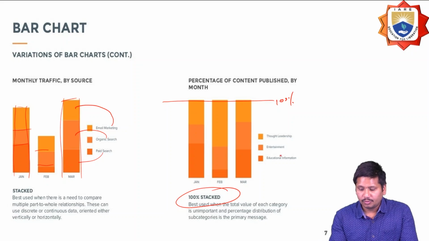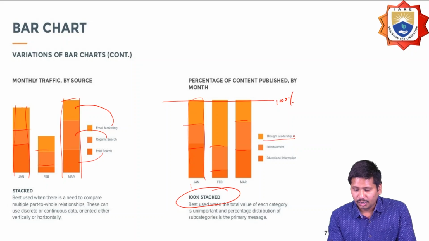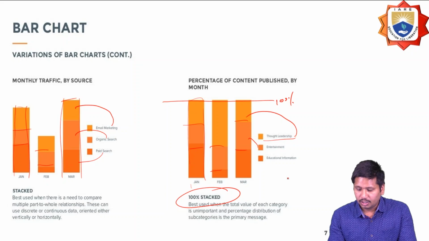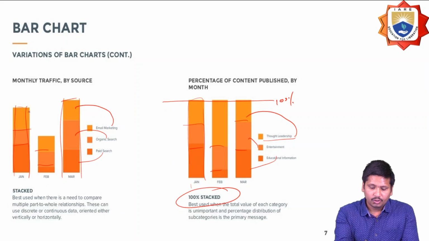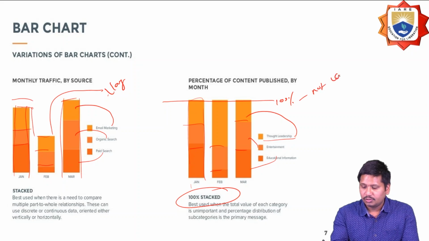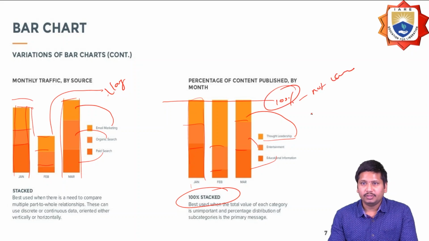Here also the bar is divided into different segments, like thought leadership, then entertainment, and then educational information. But the difference between the stacked one and the 100% stacked one is that in the stacked one the size of the bar may vary, and here it should not vary. All the time it should match 100% of the percentage of the data.